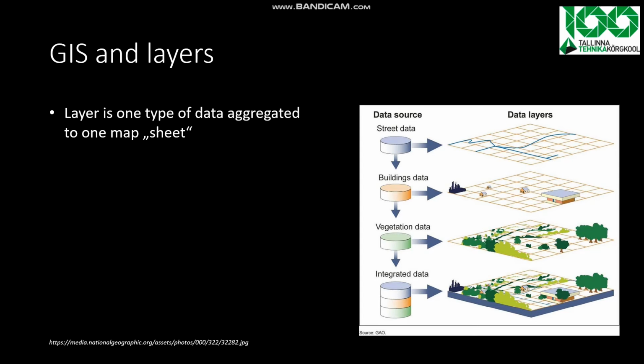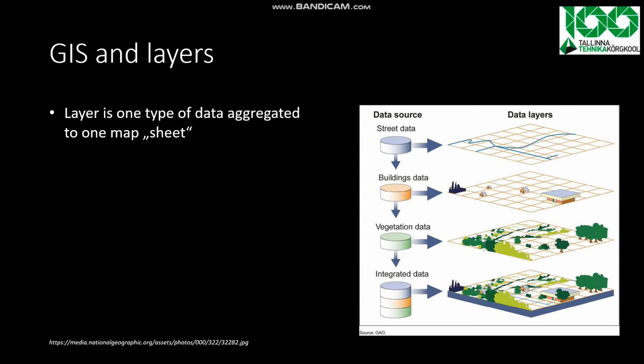We have to divide them into different categories. We have what we call layers, and one layer is one type of data. And what we could do in GIS is join together different layers and present them on one map.